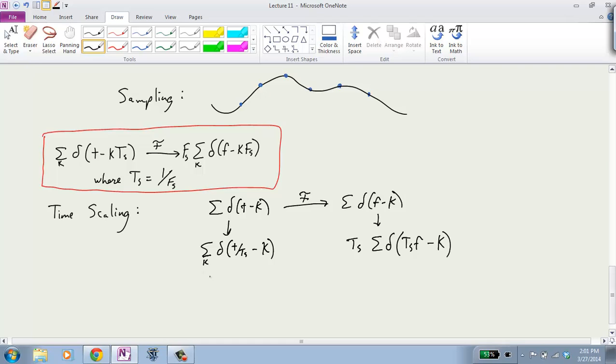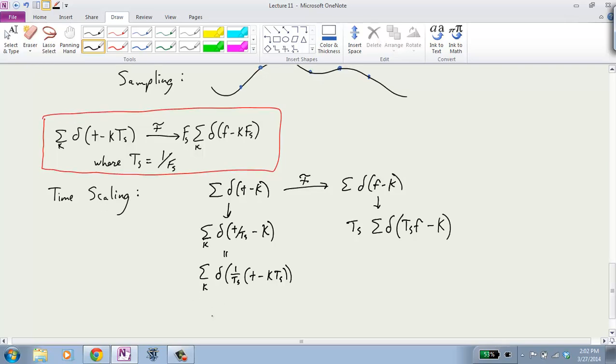But then we have to say, well, I can rewrite that. That equals sum over k delta of 1 over Ts times t minus k Ts. All right, which equals, by the property of these delta functions, Ts sum over k delta t minus k Ts. Right.